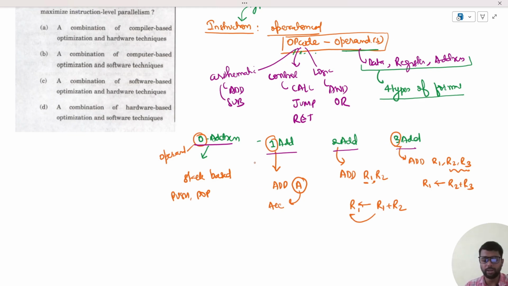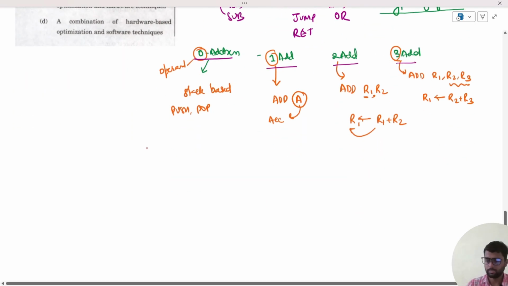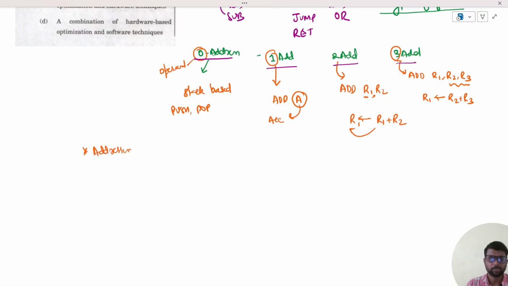Now, there could be different addressing modes. Let us understand what addressing mode is. Addressing mode basically tells the CPU how to find the operand or data.